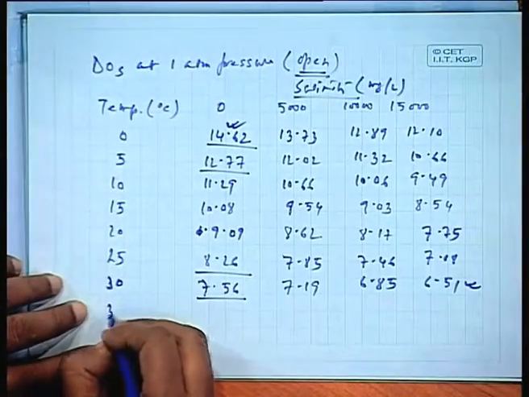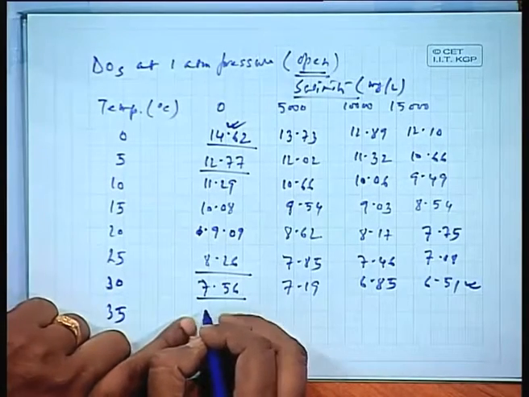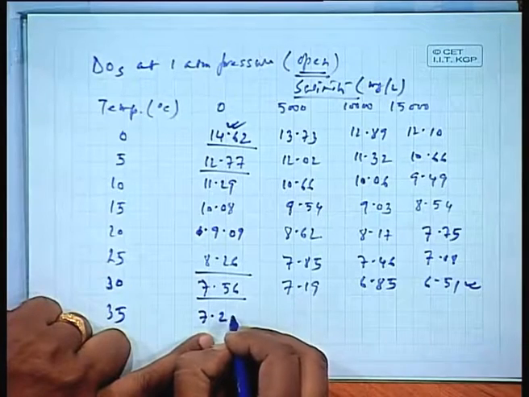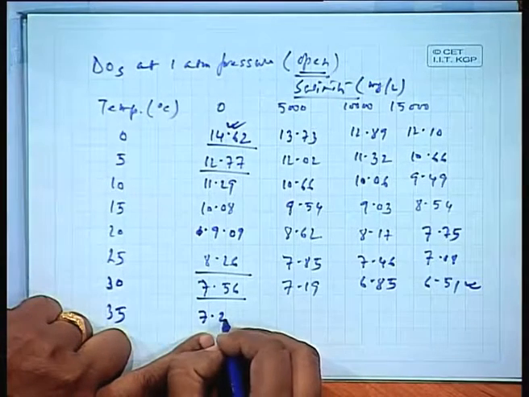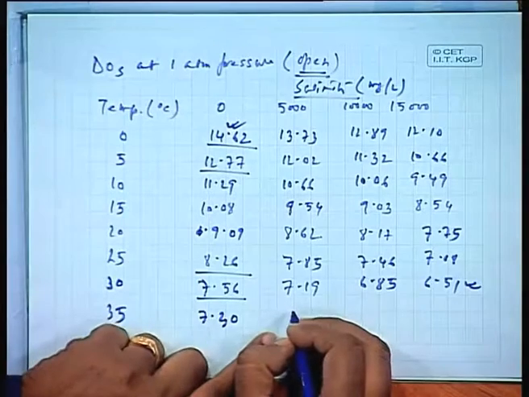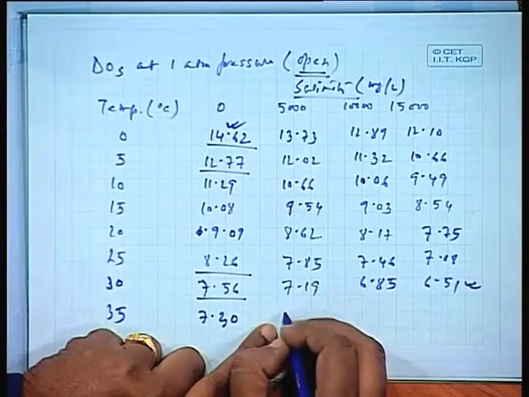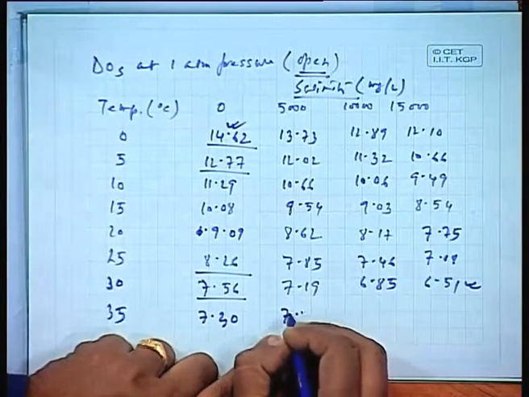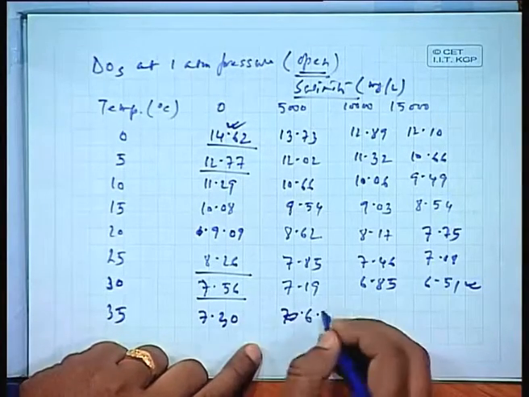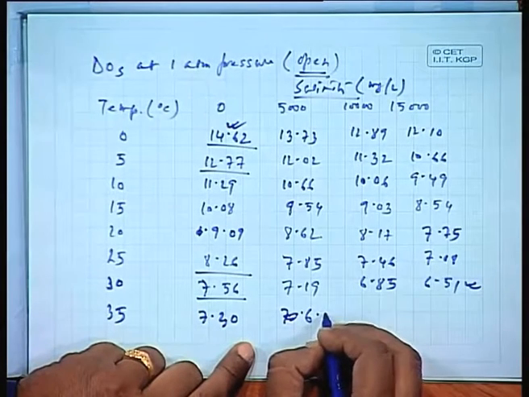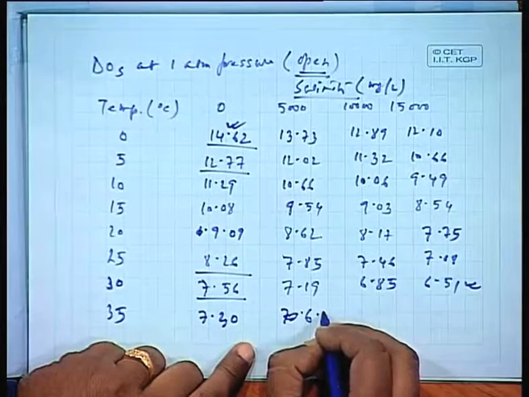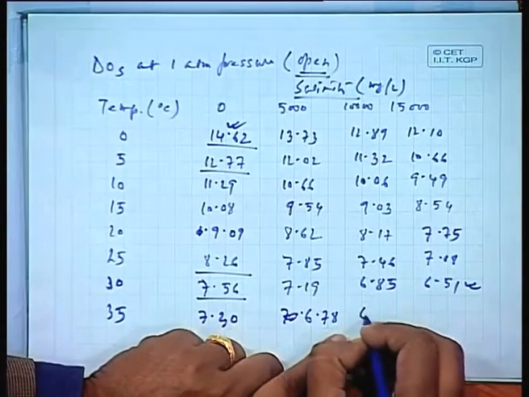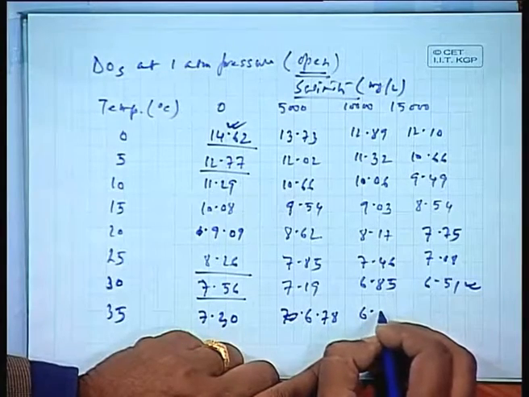If you further extrapolate this, here it would be 7.3, and then about 6.78.